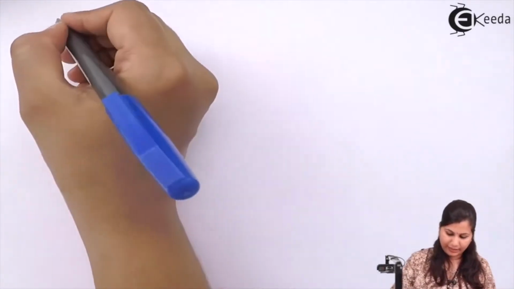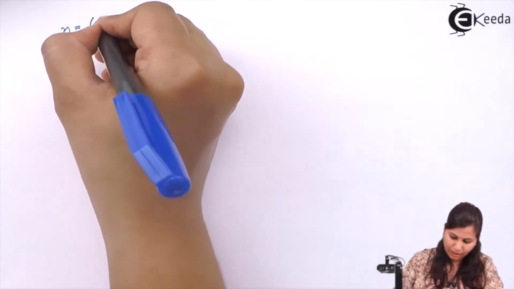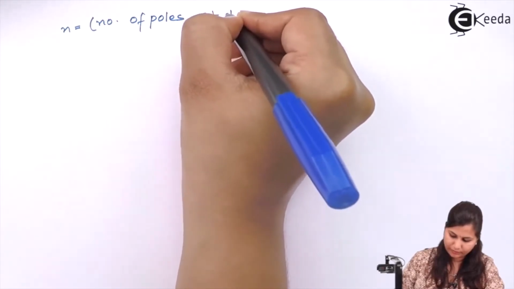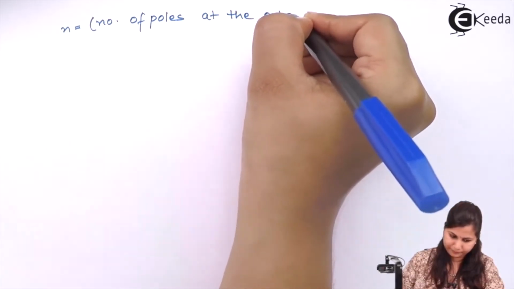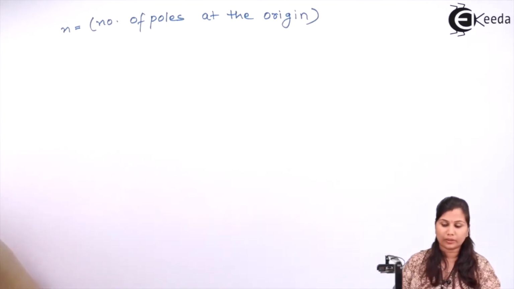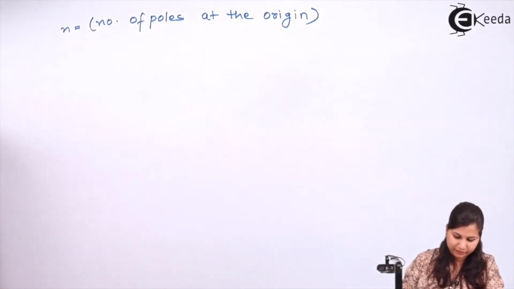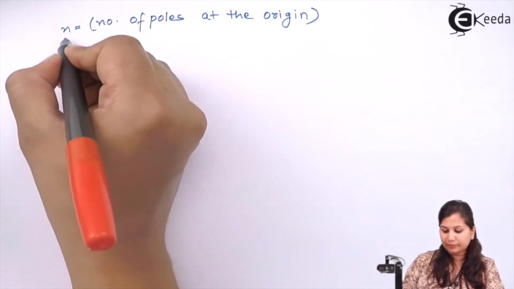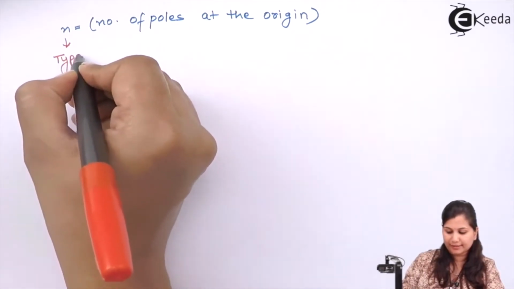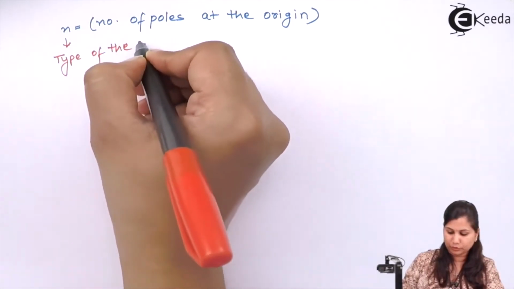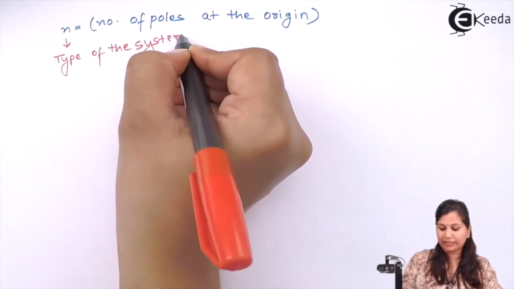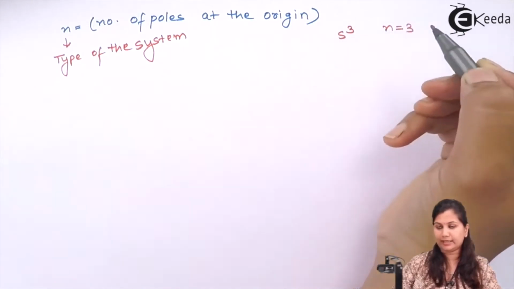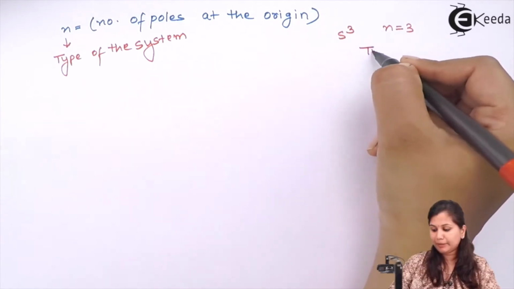Now here n is the number of poles at the origin. Whatever the power of s^n is, it is called the type of the system. In the example which we have taken, as the power of s is 3, it will be a type 3 system.